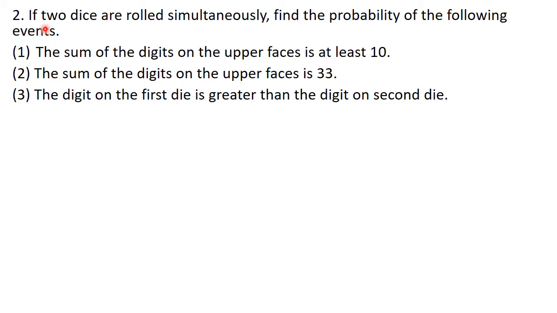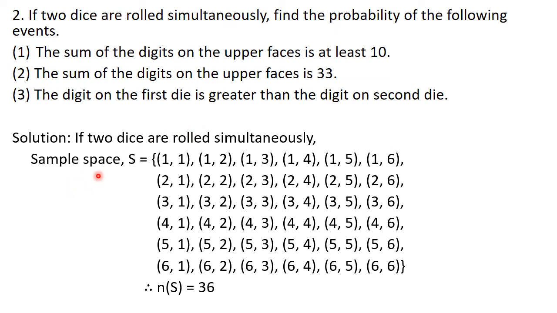So in the solution, first we have to write down the given experiment, that two fair dice are rolled simultaneously, and from that we have to write down the sample space. We have discussed this sample space previously also.